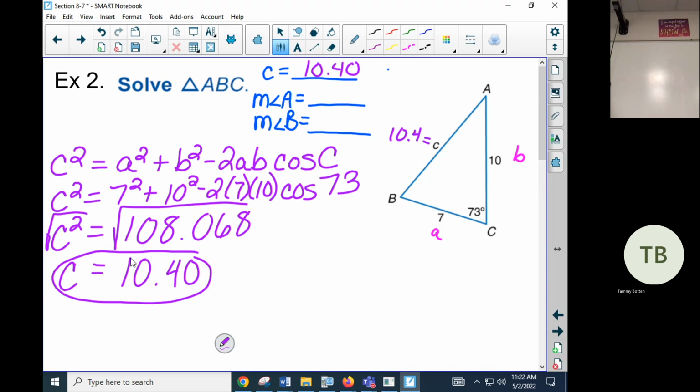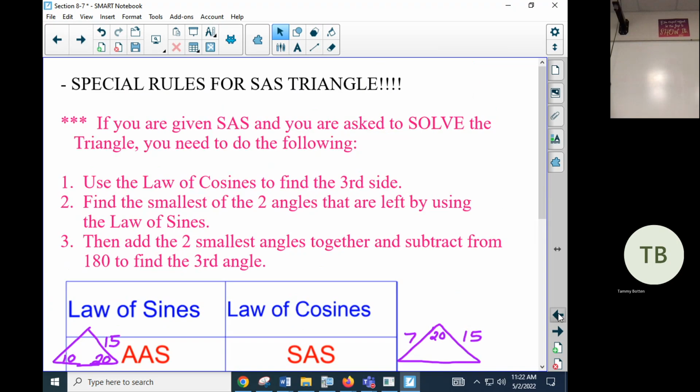Now again, I have rules of which order I have to do this in. We just found our third side. Now what we have to do is find the smaller of the two remaining angles using the law of sines.